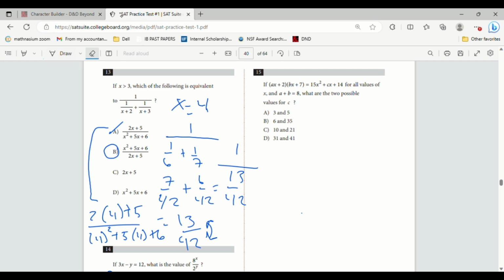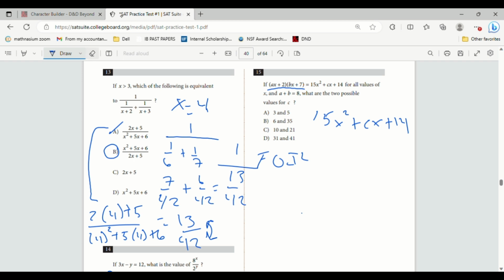So we can first write out 15x squared plus cx plus 14. And so whenever I'm given a factored form of a quadratic like this, I find it useful to multiply it out, or FOIL it out.